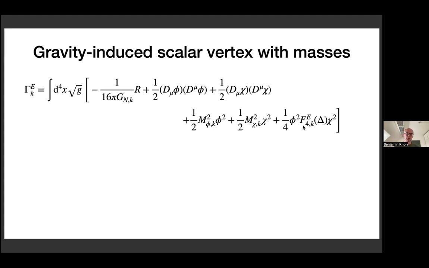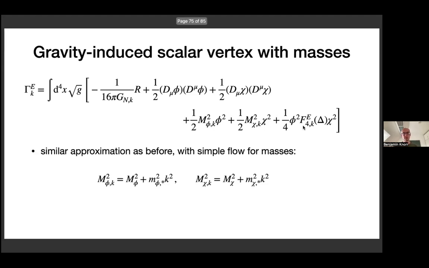Of course, I also have to make approximations for the masses. I'm assuming that they do have a fixed point at small m phi star or m chi star. And in the infrared, they have some free parameters, so the physical masses m phi squared, m chi squared, and I can tune them as I want. So I get two more parameters, but still I have the full thing under control.